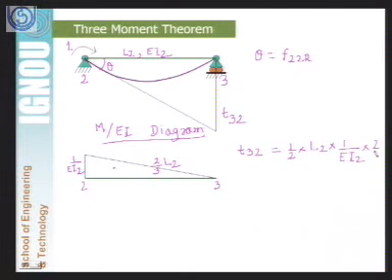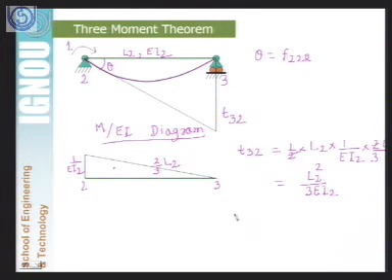So we will multiply it here, 2 by 3 L2. So this 2 will be cancelled out, and this will be equal to L2 square by 3EI2.